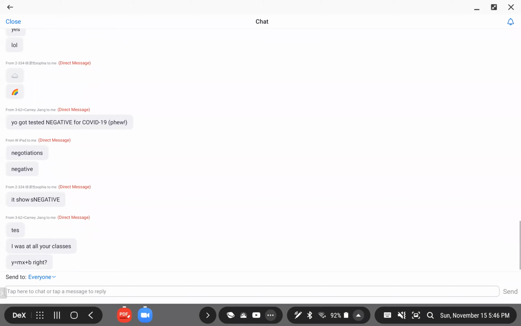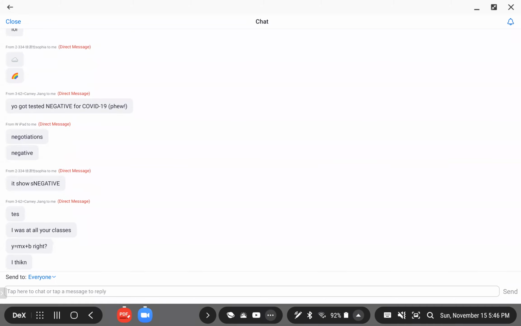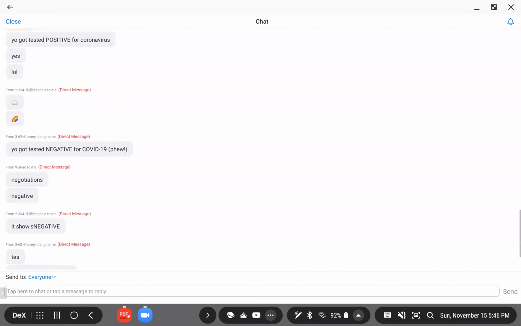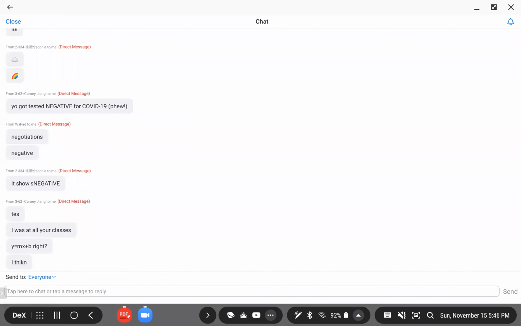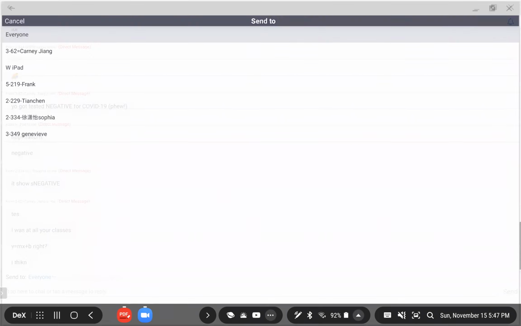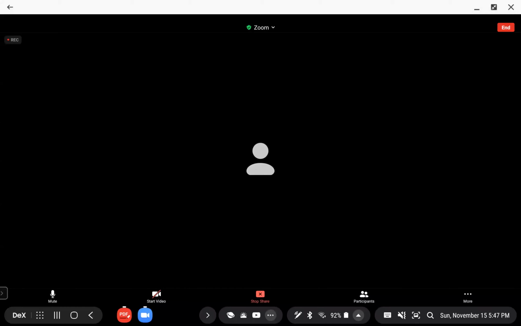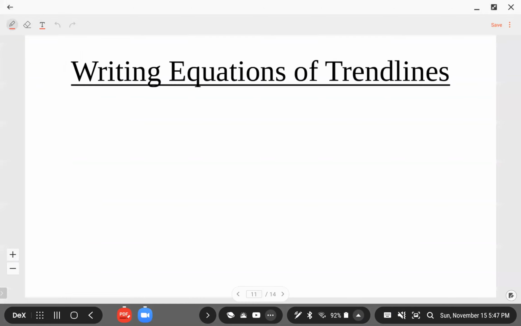So y equals mx plus b, right? That's slope intercept. Carney, do you know what point slope form is? If not, then I'll review when I get to them.